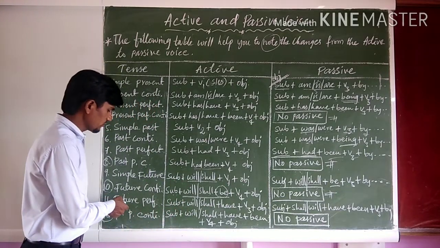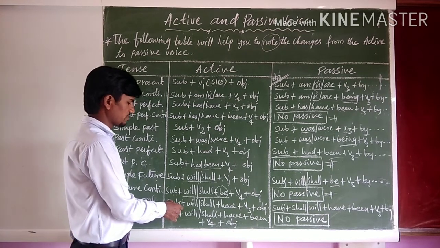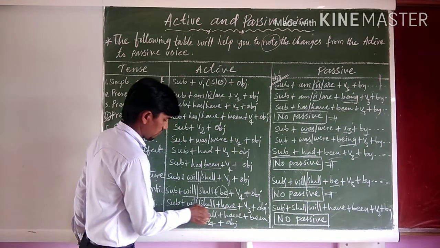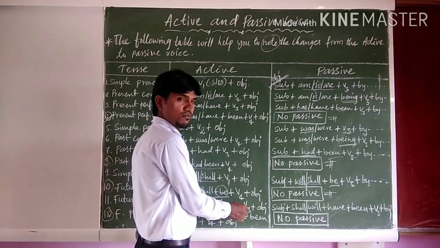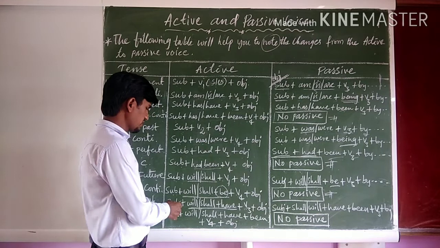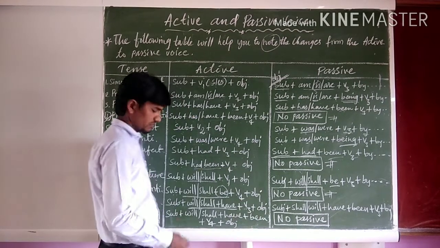And coming to the future perfect tense. The structure is subject plus will have or shall have plus V3 plus object. Example: he will have written a letter.